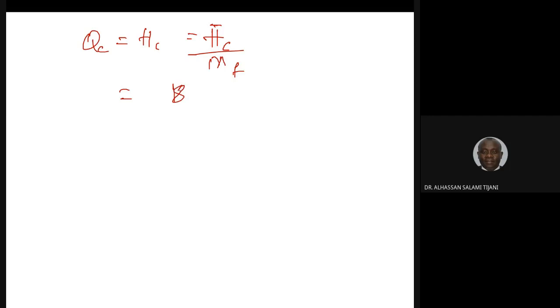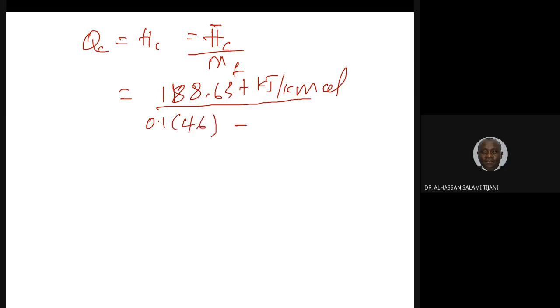So this gives me 188,637 kilojoules per kilomole divided by the molecular mass of the fuel: 0.1 times 46 for ethanol, and 0.9 times 114 for octane. The unit is kilogram per kilomole, so kilomole cancels out.